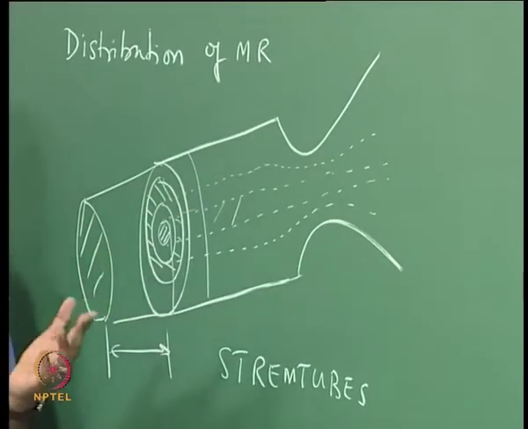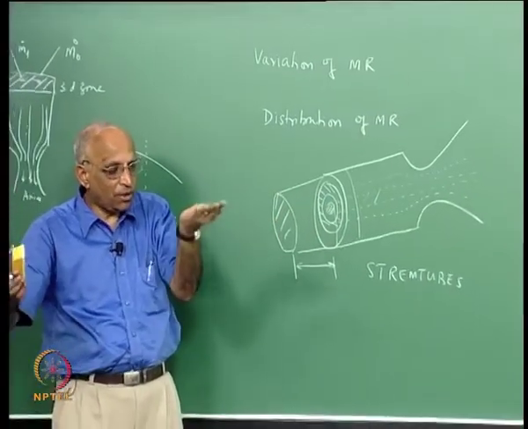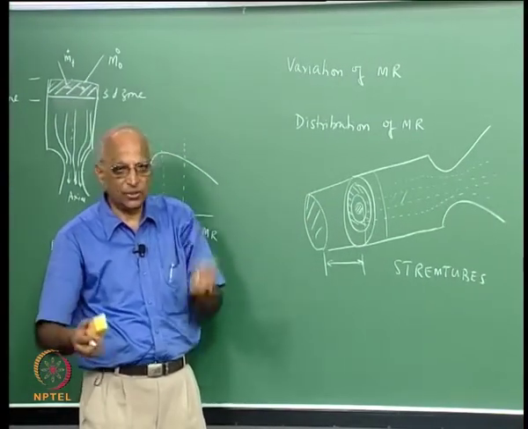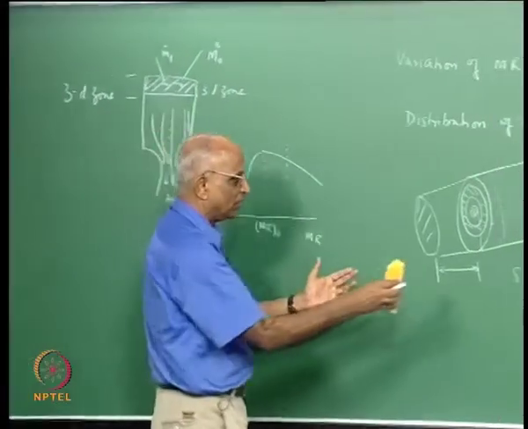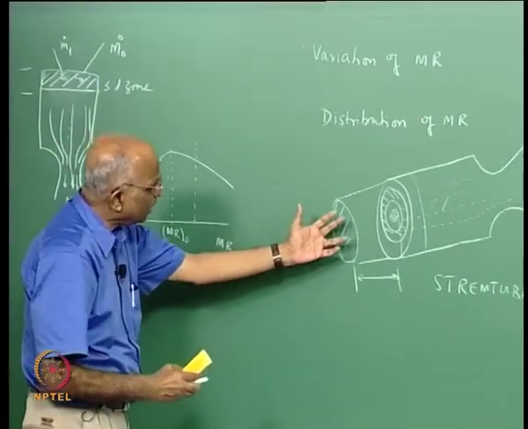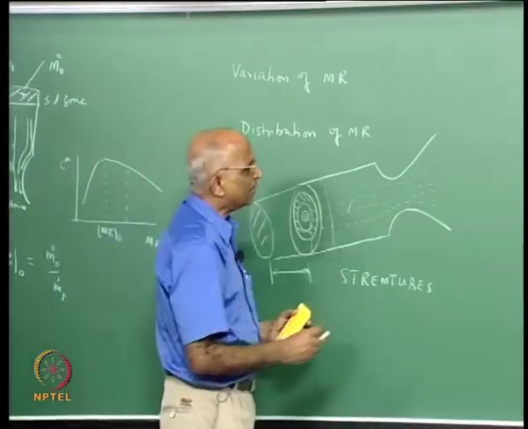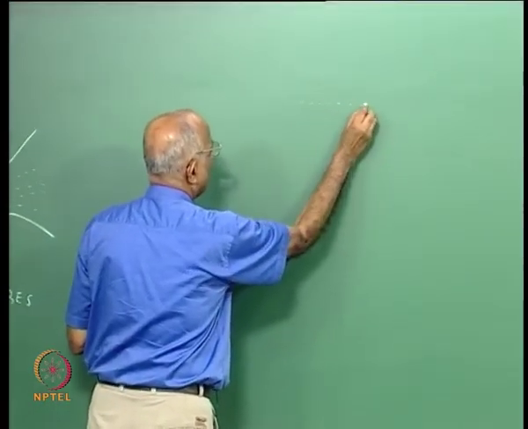Why they do not mix? The chamber is short, I do not have sufficient time for turbulence to develop and mixing to take place. Therefore, I make these assumptions, and these are quite valid because of the short length of the combustion chamber, and now I can think in terms of the total thing as something like a series of stream tubes. I say this is the center line of my chamber.